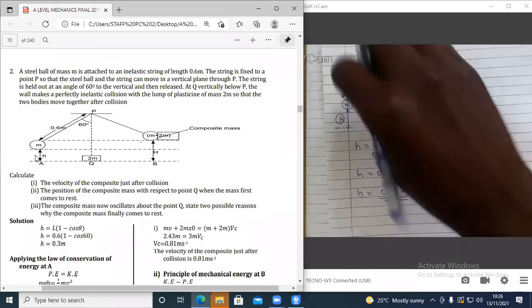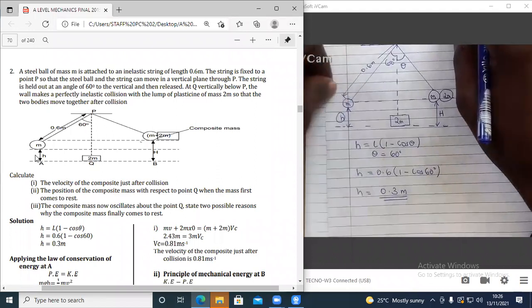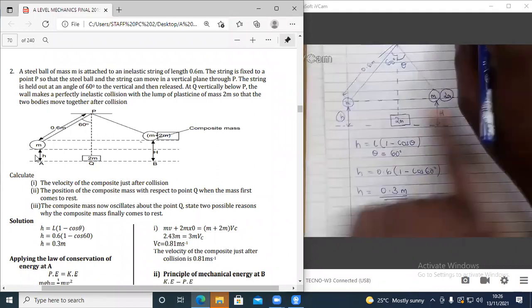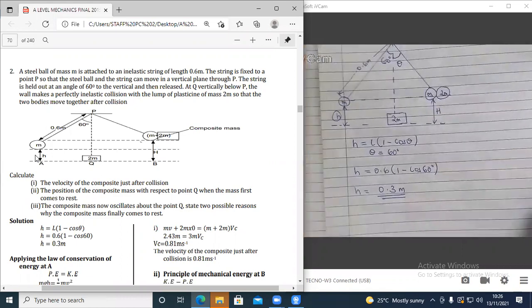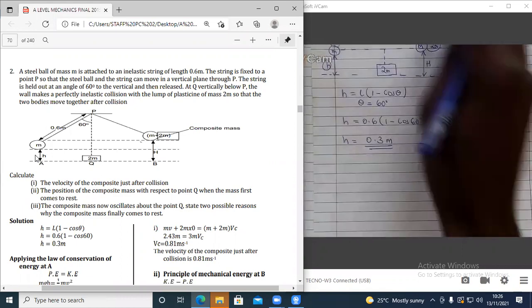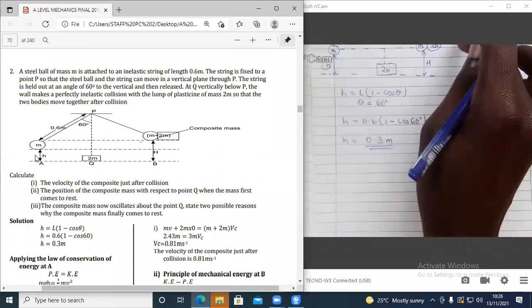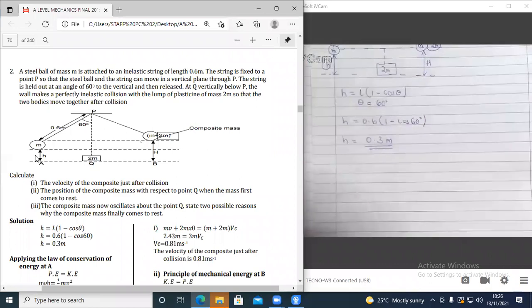So this steel ball here was pulled to a height of 0.6, then released. But they want us to find the velocity of the composite, which means they're asking us to find a common velocity.